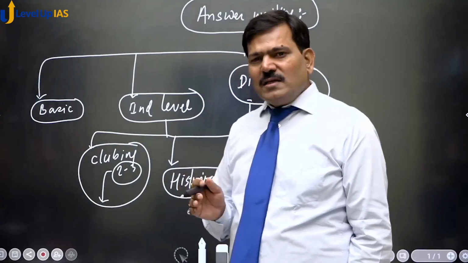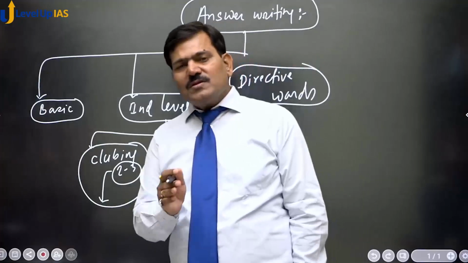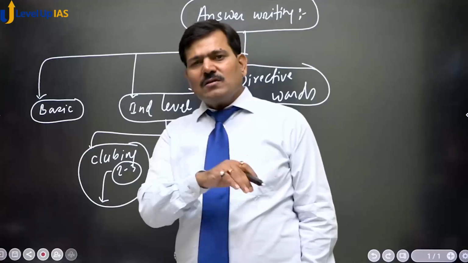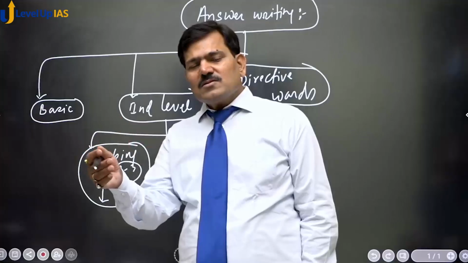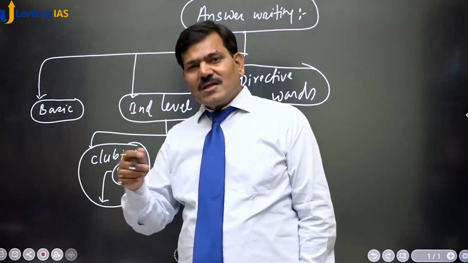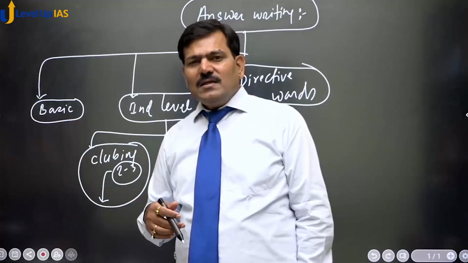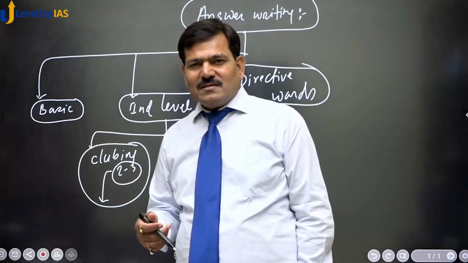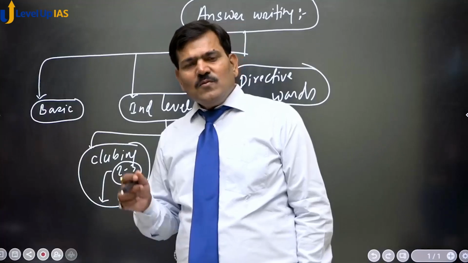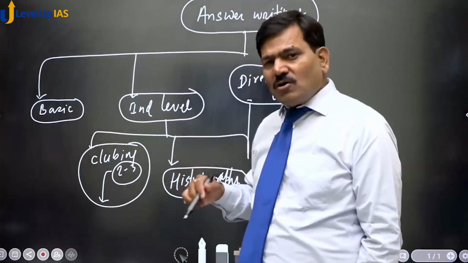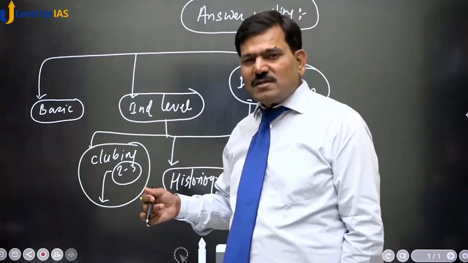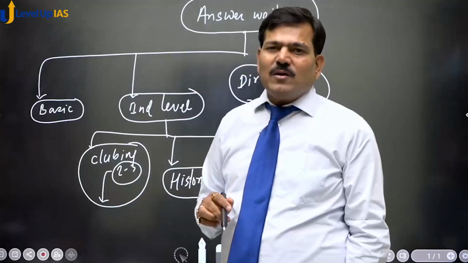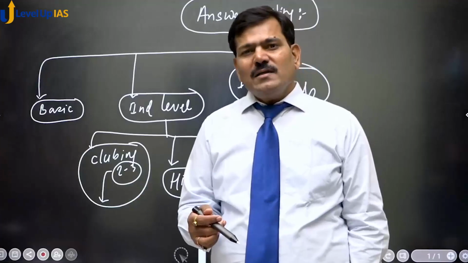If a historian is writing with the prejudice of the imperialist school or the nationalist school or the Marxist school or the subaltern school, he cannot give any reasonable comment against the statement. So, if you want to write your answer according to the directive words, you have to be clear about the ideology behind the history.